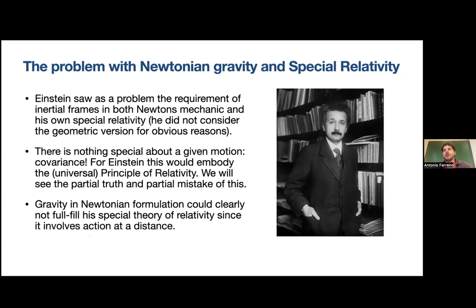But furthermore, and this will be key to understand the whole lecture, Einstein really wanted to construct a relativistic theory where he could dissolve the notion of any privileged motion. At the core of his heart, let's say, he really wanted to construct.